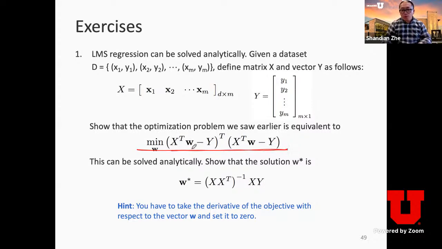Then if you want to minimize this objective, you take the gradient of this quadratic objective and set the gradient to 0. You will see that the optimal solution of the weight vector has the following form. So please use your pen to derive this after the class.